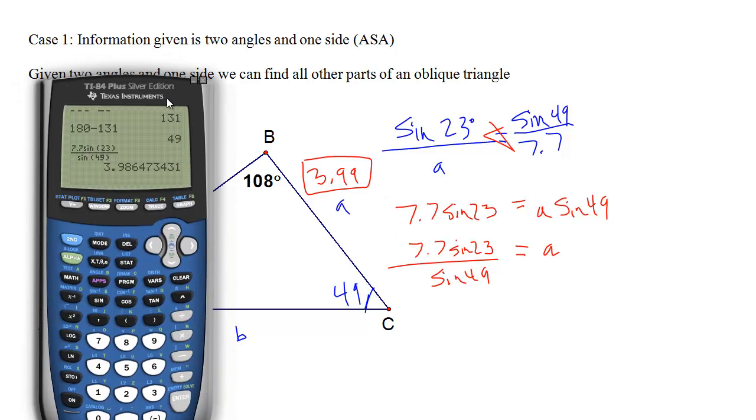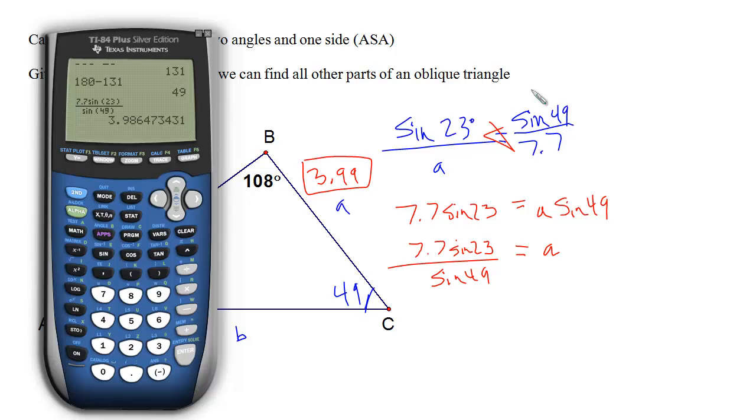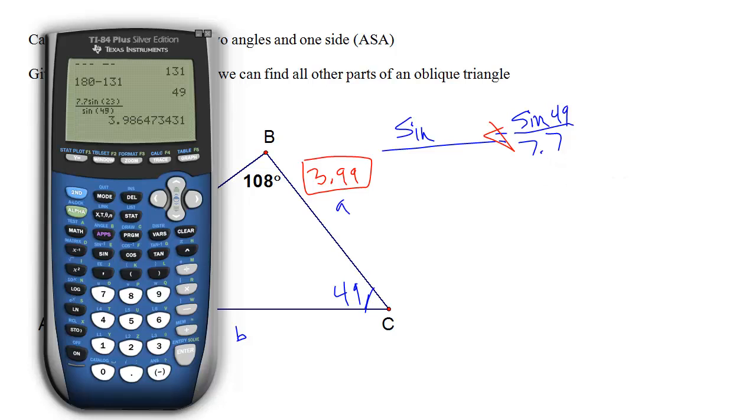And we're going to do the same thing here, but now we're going to find side B. And so in this case, since this was the given information, I'm going to go ahead and leave that the same. So I'm just going to go ahead and get rid of this and that. And we'll just plug in the new information. So in this case, that's the sine of 108 degrees over side B. And it solves in the same manner.